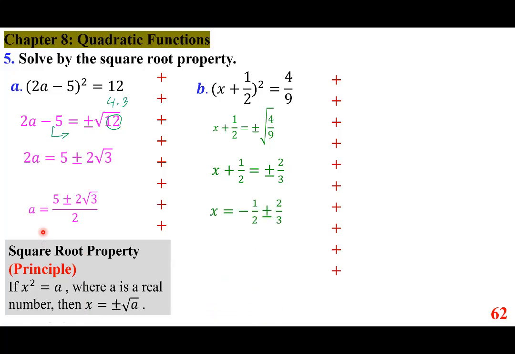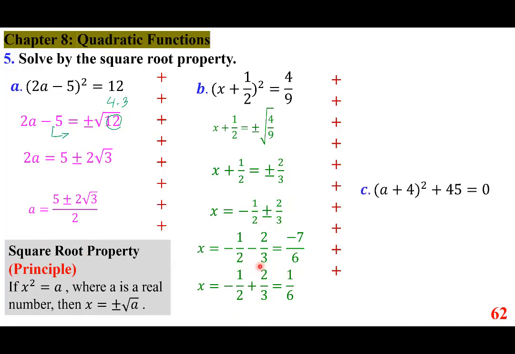Because we must combine it, unlike the previous example that we couldn't. Now we can. Negative 1/2 minus 2/3, negative 1/2 plus 2/3. I'm assuming everybody can add fractions. It results in negative 7/6, and in this case, 1/6. So again, just take a common denominator, which is 6, okay? You have to take a common denominator in each case.